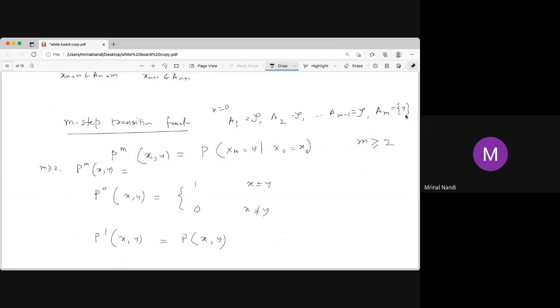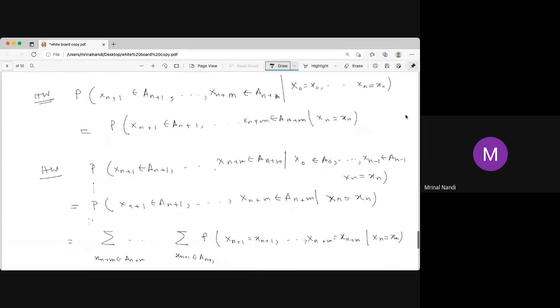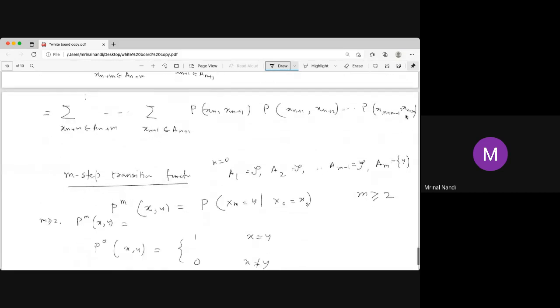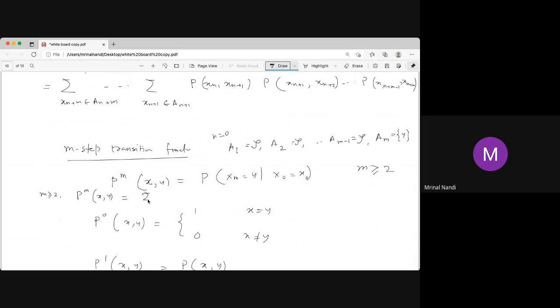And if you put this in, what will you get? You'll get a summation over all these x_1, x_2, and so on. This is nothing but a sum of products from x to y_1, then y_1 to y_2, this is the path, then y_2 to y_3, up to y_{m-2} to y_{m-1}, and then from y_{m-1} to y, the last one is y.